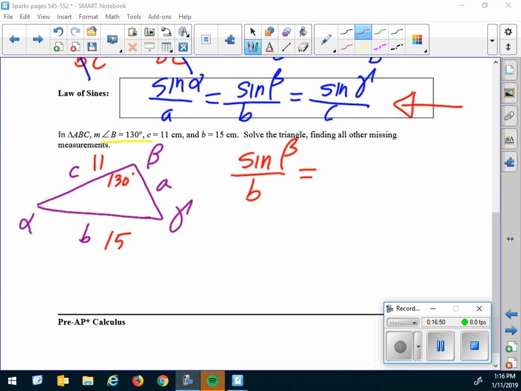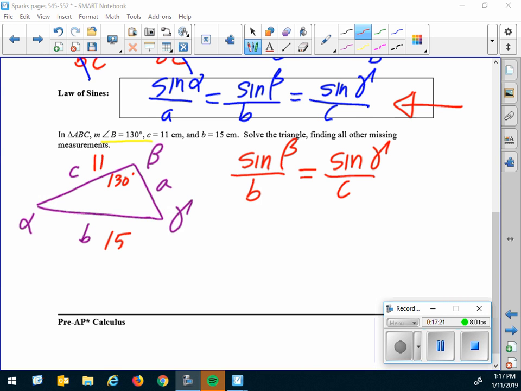There's one of those fractions I can't use right now because I don't know anything. I can't use sine alpha over A because I don't know either one. So I'm going to use sine gamma over C because I don't know gamma, but I do know C. So that's a proportion, isn't it? Two fractions set equal to each other. That's what I'm going to use.